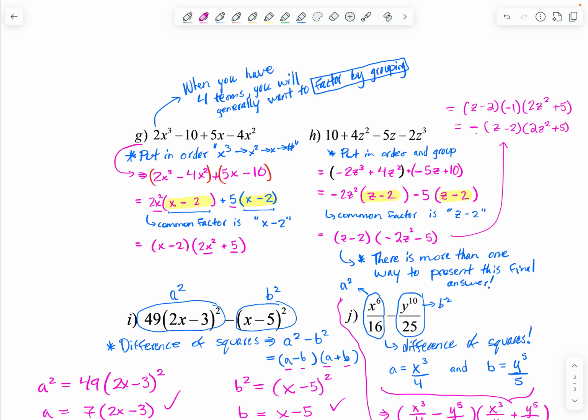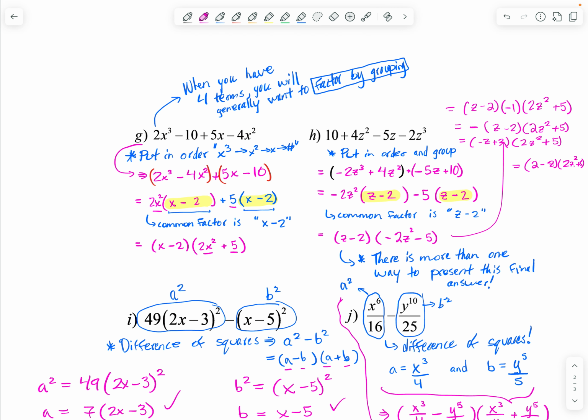Some of you might distribute this into the negative, and you might get negative z plus 2, and then 2z squared plus 5. And you could rearrange this, put the constant in front, and so you could get 2 minus z, 2z squared plus 5.